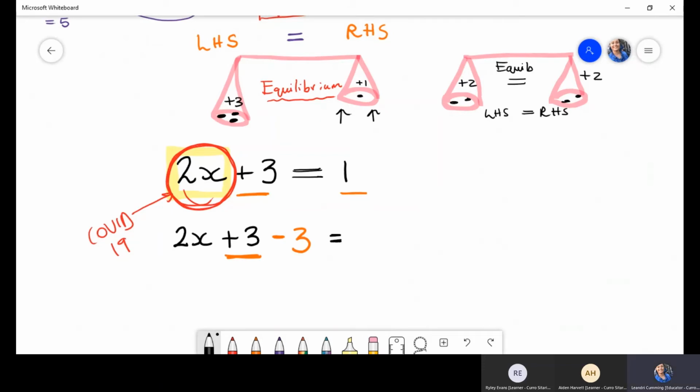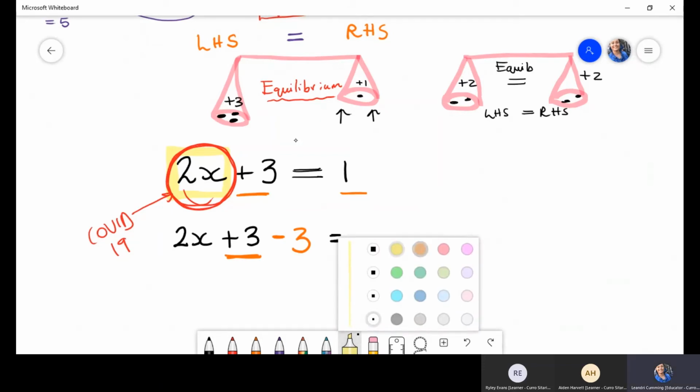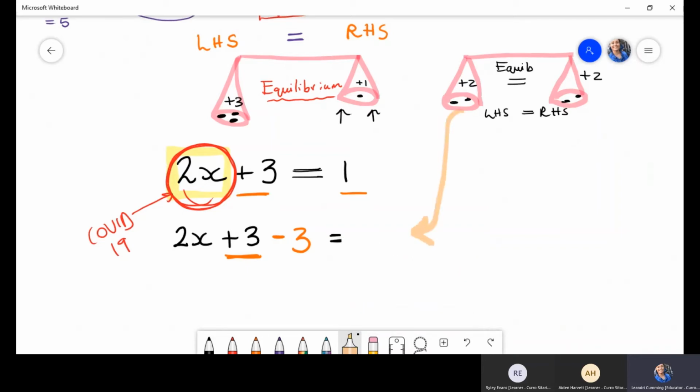And as my weight that I just explained up here, as my weight needs to show equilibrium, what I took away on my left-hand side, I will have to take away on my right-hand side. But what did I already have on my left-hand side? And what did I already have on my right-hand side? I already had 2x plus 3 is equal to 1.